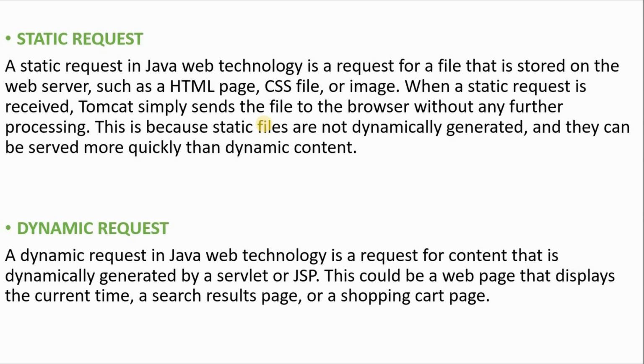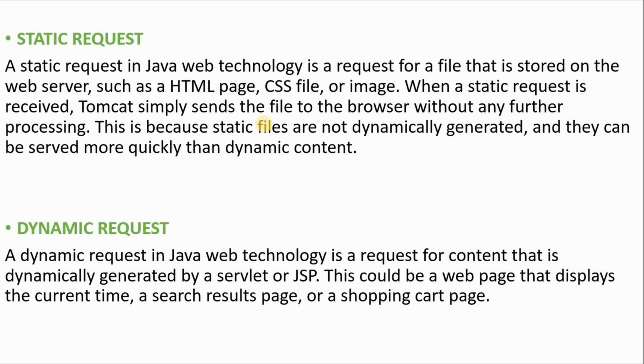But what is a dynamic request then? Dynamic requests are those requests for which the web page or the resource is not present on the server. So the server generates a response and gives it back to the client. For example, if you go to the home page of Amazon.com, you will see different products listed over there. And if another user goes on Amazon.com, he will see different products listed over there, although the URL would be the same: Amazon.com/homepage, something like that.